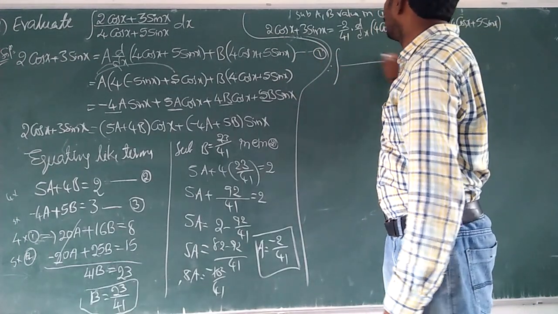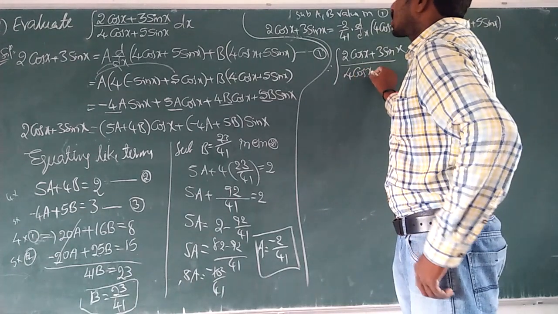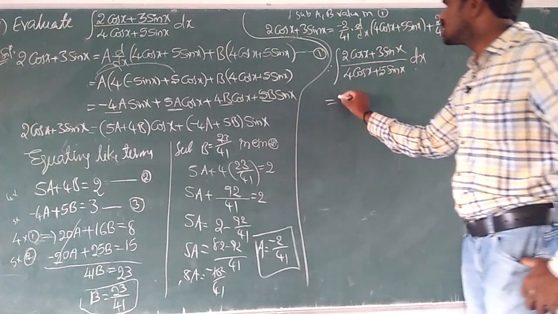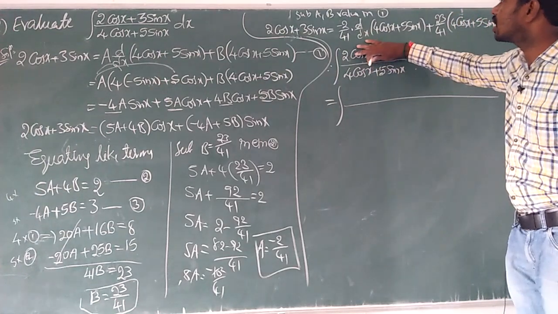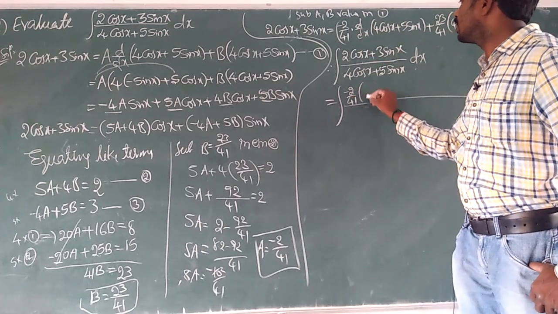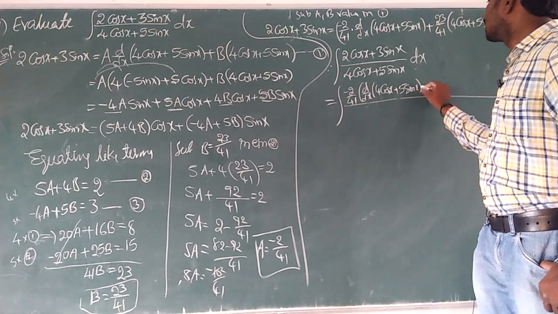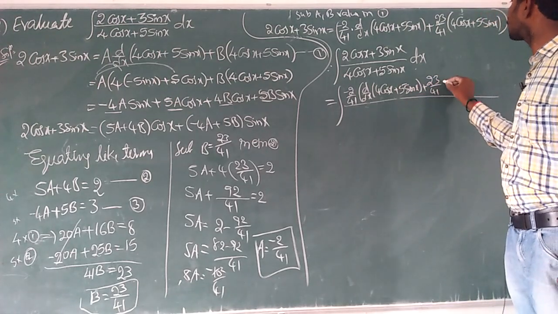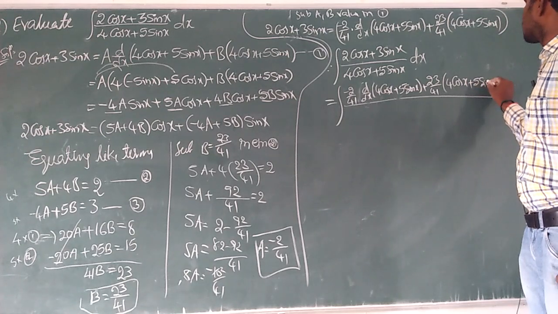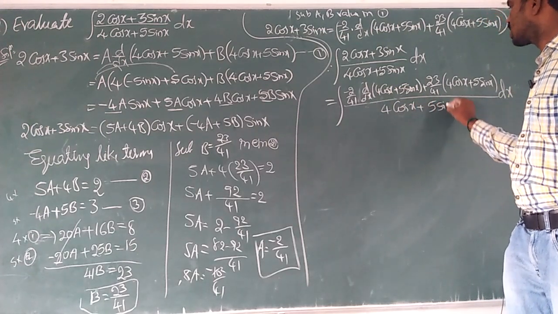Therefore, the integration of 2 cos x plus 3 sin x by 4 cos x plus 5 sin x dx is equal to, instead of the numerator we can write this: minus 2 by 41 into d by dx of 4 cos x plus 5 sin x plus 23 by 41 into 4 cos x plus 5 sin x, whole dx by 4 cos x plus 5 sin x.